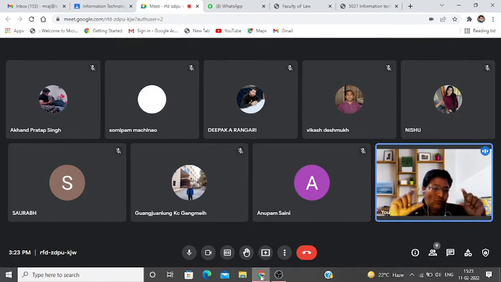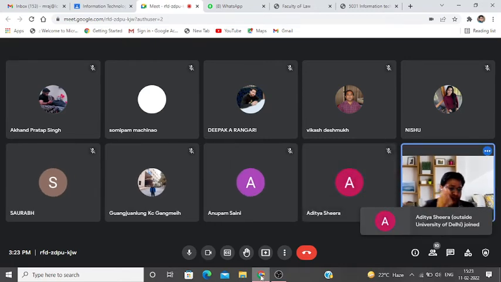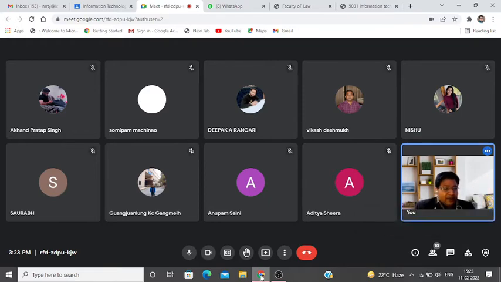So there are two conflicting rights. One is the freedom of speech and expression, and on the other side there is decency and morality. Article 19(1)(a), freedom of speech and expression, has reasonable restrictions under article 19(2). Different words are used there, and there is decency or morality.